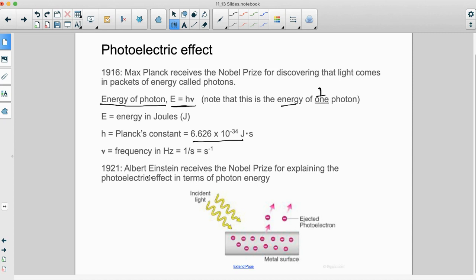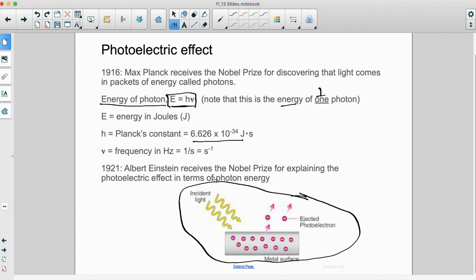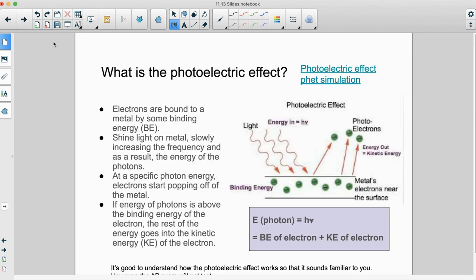Very soon after, Einstein receives the Nobel Prize for explaining this thing called the photoelectric effect, which basically had led Max Planck to make this conclusion about the photon, but Einstein was the one who actually explained what was happening. So what is happening in the photoelectric effect?